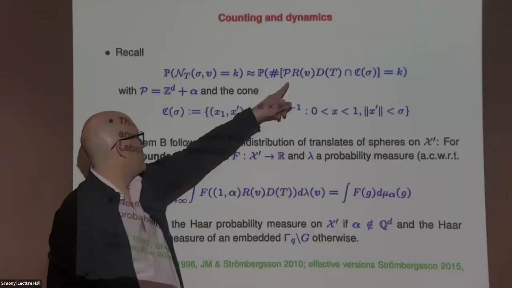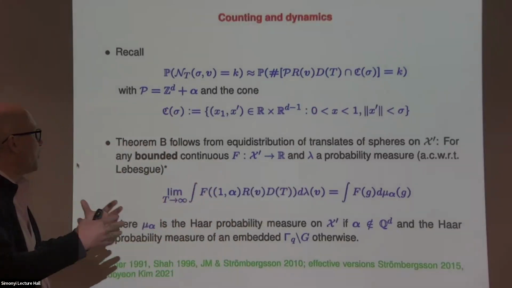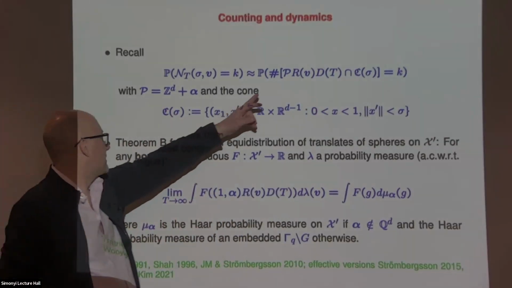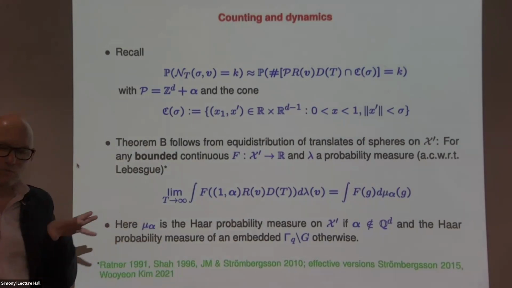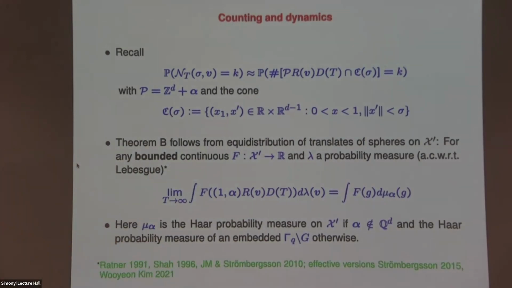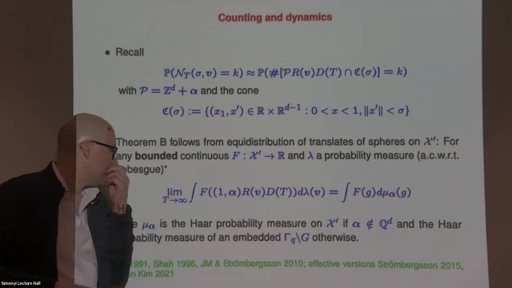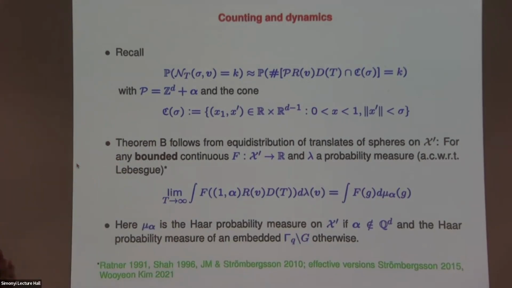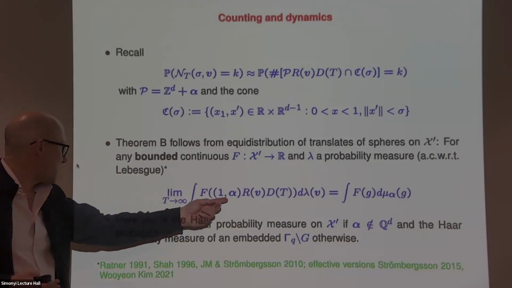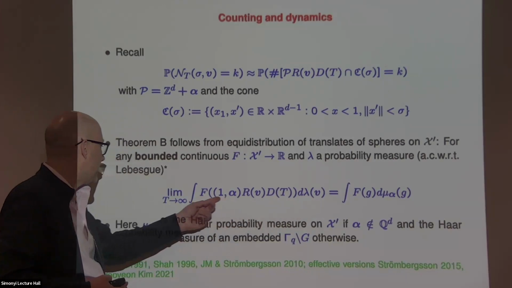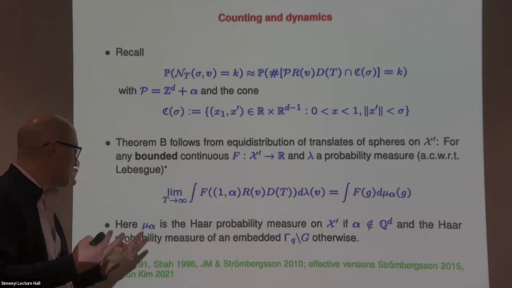Of course, the probability of having k points in a set, if you think about it, corresponds to a test function that will be discontinuous because you might leave your set if you move slightly. So it's a discontinuous function. But the discontinuities form a set of measure zero for the limit distribution, which is our nice Haar measure. So you can deal with that. And this type of convergence here now can be proved using Ratner's theorem.